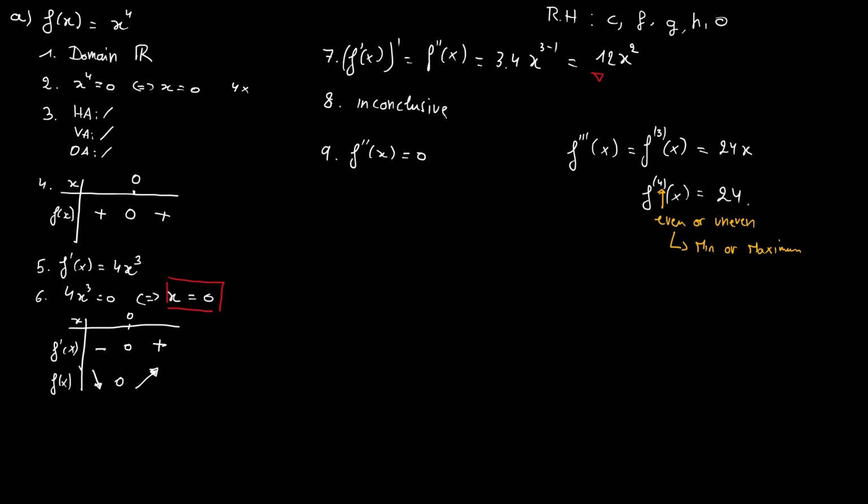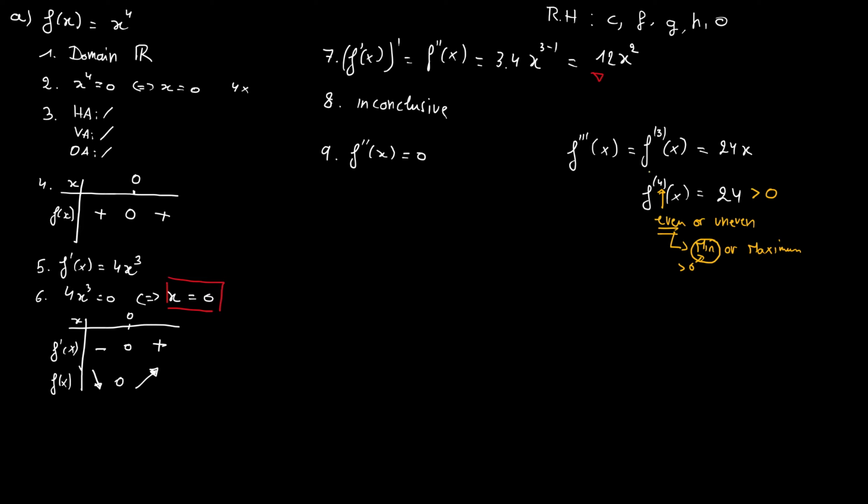And in this case it is even, and if we keep deriving, the last function that we have that still has some information for us is greater than 0. So what does it tell us? If it's even and greater than 0, it means that we have a minimum. If it was smaller than 0, you would have had a maximum. So even and smaller than 0, you have a maximum.